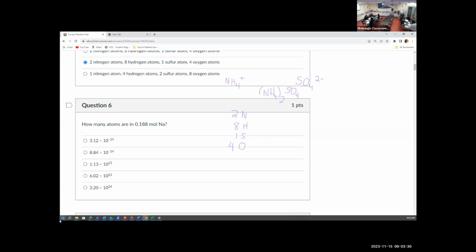Are you sure? Are we off by something? Yeah, because you're saying that this is moles, and that is moles. How many do they both do in moles? Are you sure? Yeah.